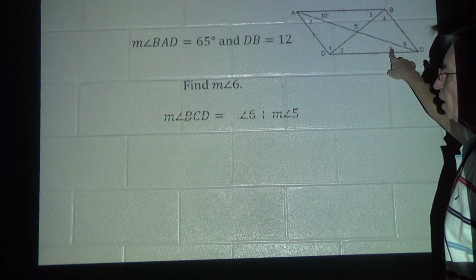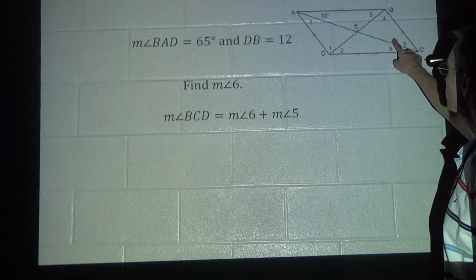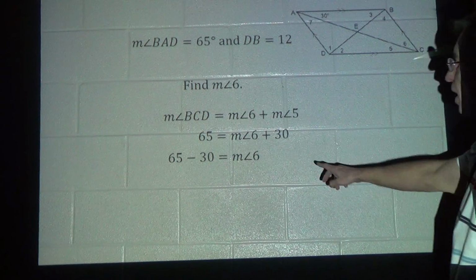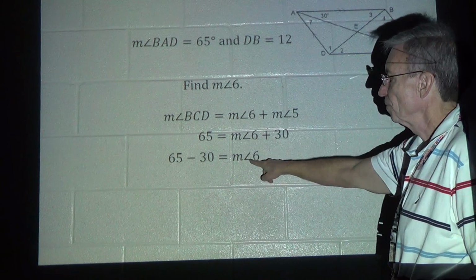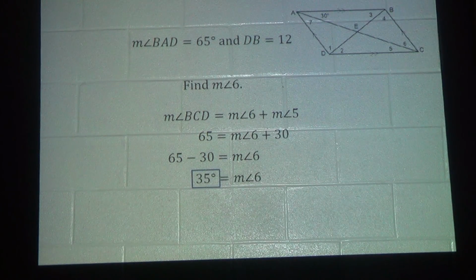So this thing right here is equal to these two added together. We already found that angle 5 was 30, so we simply substitute the 30 in, which gives us 65 is equal to this plus 30. Subtract the 30 from both sides to give us the measure of angle 6. So 35 degrees is equal to the measure of angle 6.